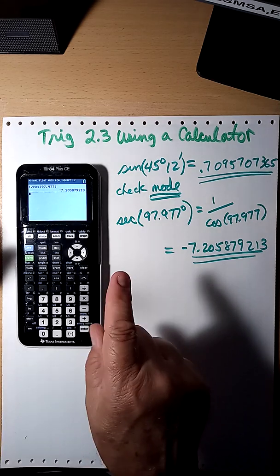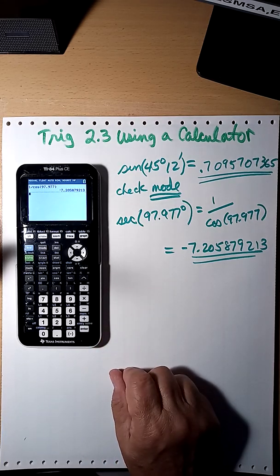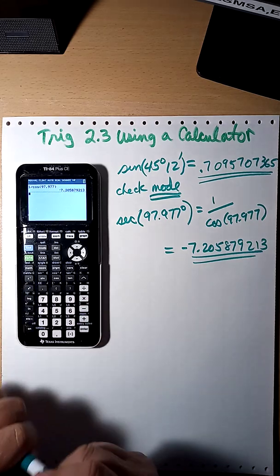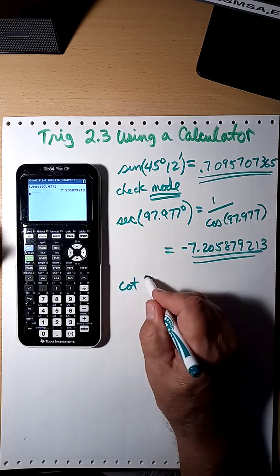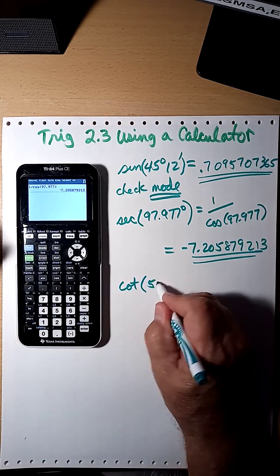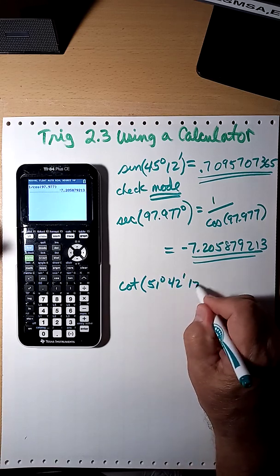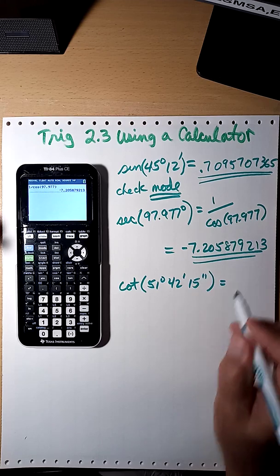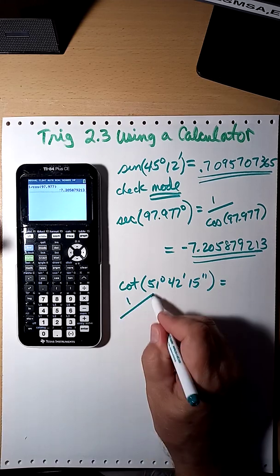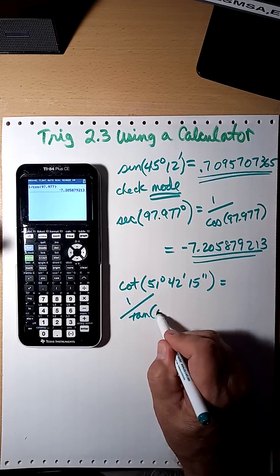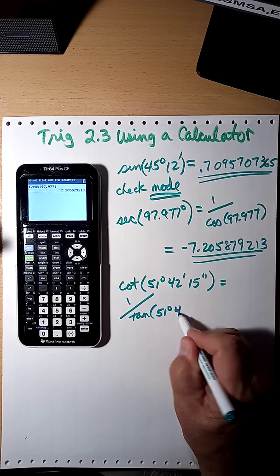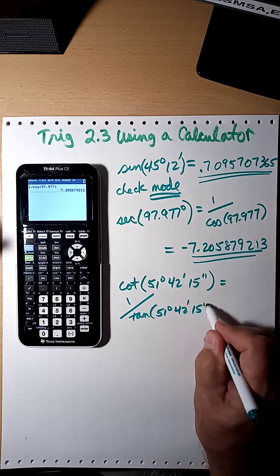So, what happens if you want the cotangent? Well, let's see, if I want the cotangent of 51 degrees, 42 minutes, and 15 seconds, I need 1 over the tangent of 51 degrees, 42 minutes, and 15 seconds.